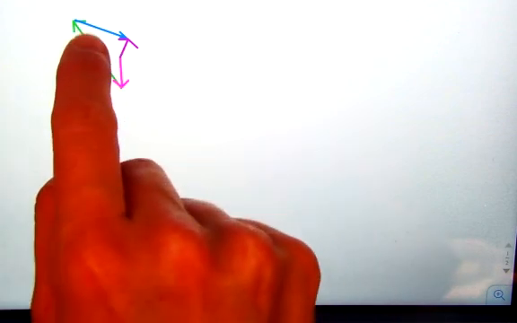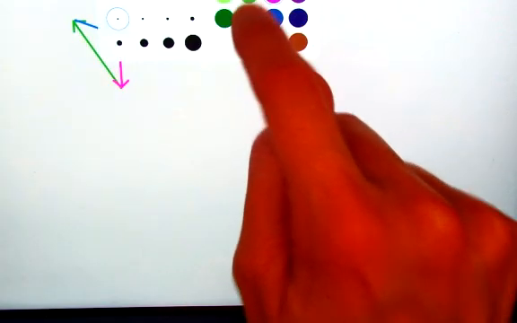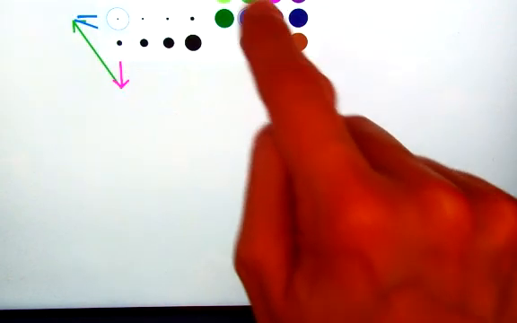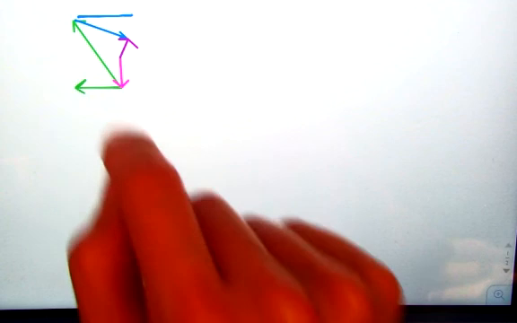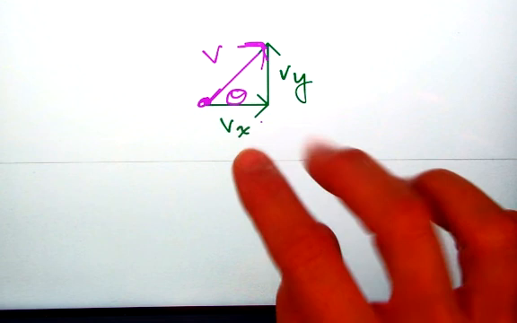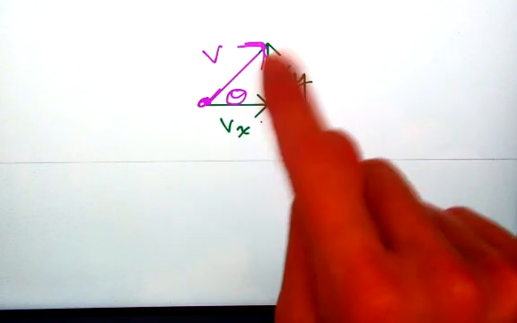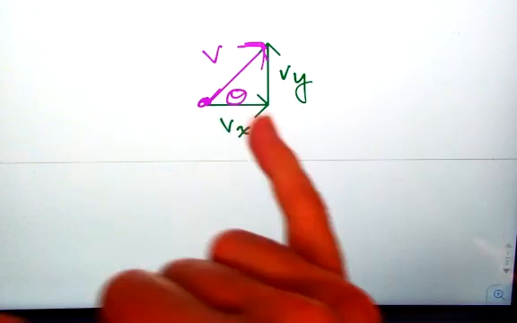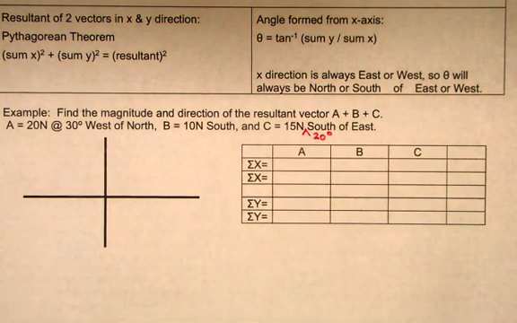If I added up all the x directions, I can see that the blue one here is going this far in x, and the green is going in the x direction that far, and then the pink isn't even moving in the x direction. So what I'm trying to do is add up the sum of all the components so that I can get more of a two-vector situation where I can easily find the resultant by the Pythagorean theorem and then use tangent inverse to find theta. So that's what we're going to do here.